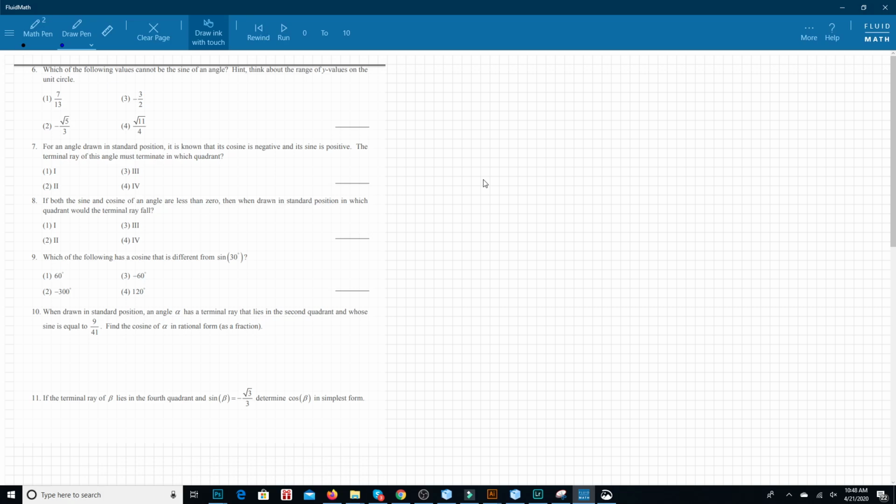With this one, we're trying to see which one is the most oddly placed and which one can't be reduced. So we're looking at the y value range.